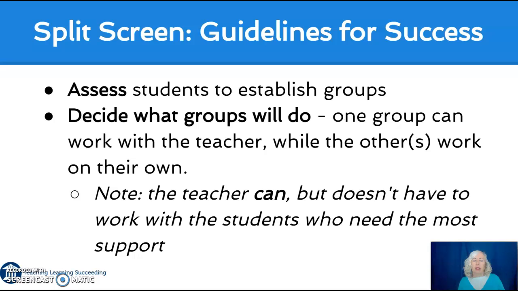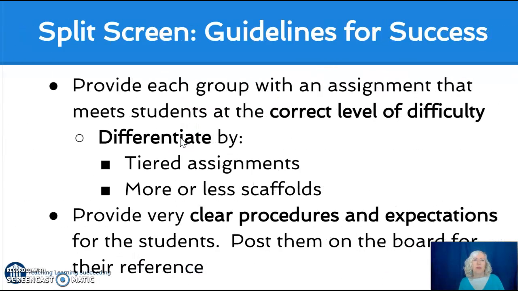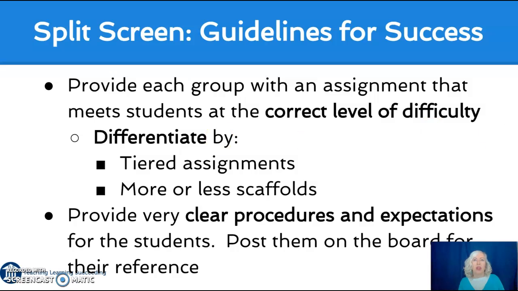There can be other ways to give appropriate support without the teacher's direct involvement. Also, you have put in the effort to assess their current level of understanding, so follow through and provide the assignment at their correct level of difficulty.